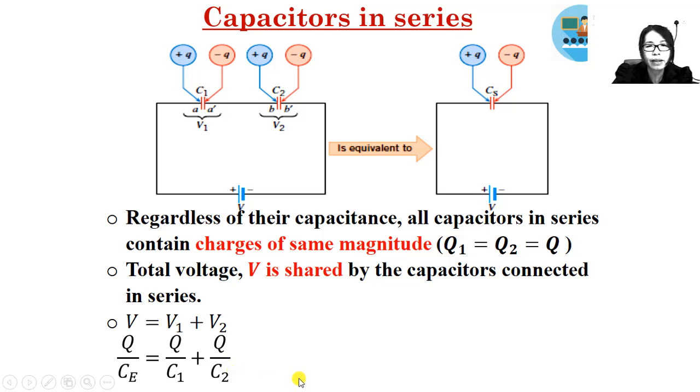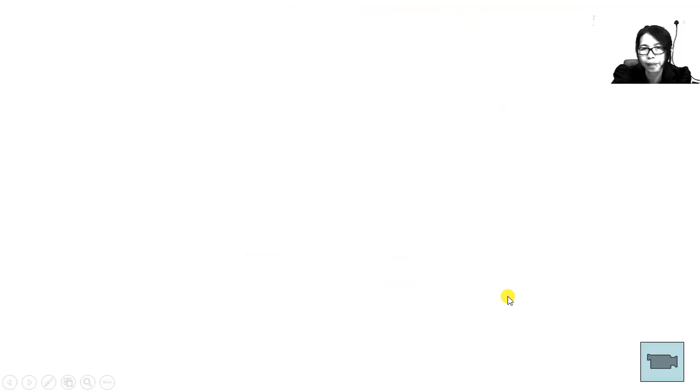Since for capacitors connected in series, the charge is the same, we can cancel the common Q. Then we will get the equation to calculate the total, or what we call the effective capacitance, for capacitors connected in series.